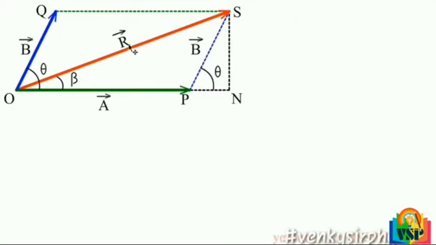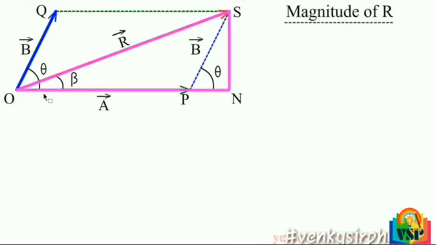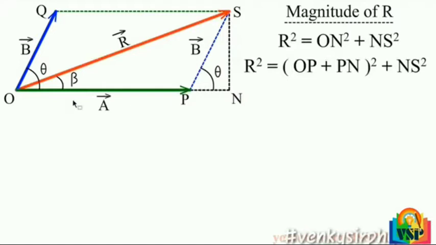See from the diagram, magnitude R is from the right angle triangle OSN. According to Pythagoras theorem, R square is equal to ON square plus NS square. ON is equal to OP plus PN.